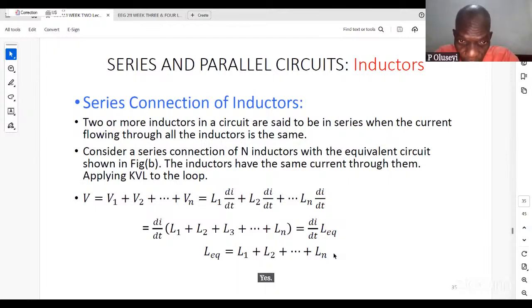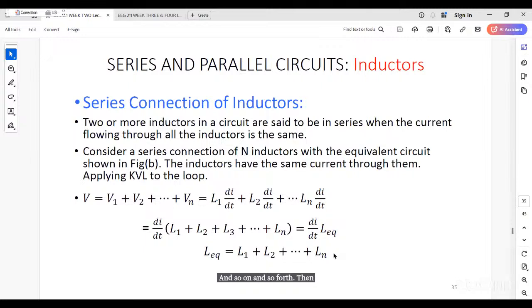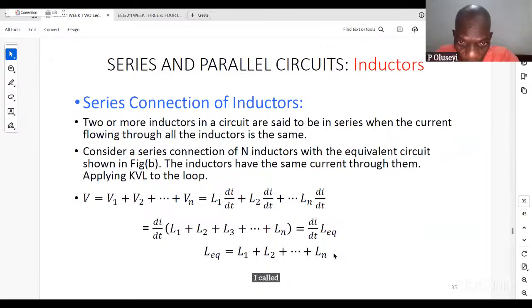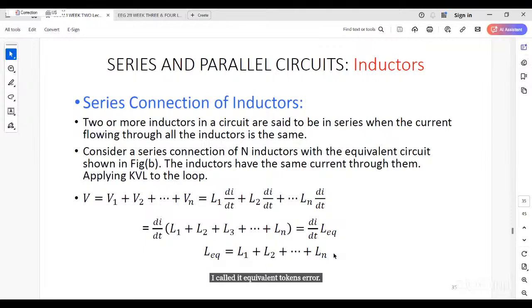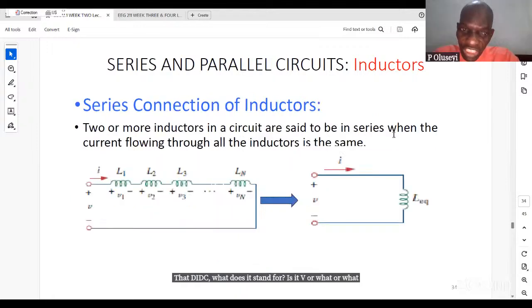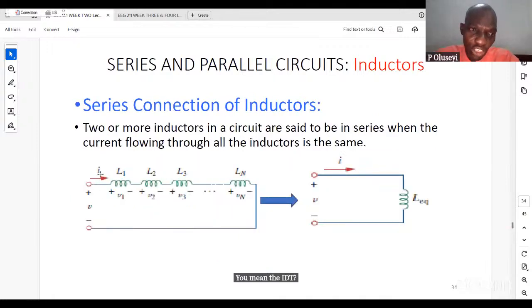Then you factorized out all the inductances and called it equivalent inductance L, di/dt. What does that di/dt stand for? Is it V or what? You mean the di/dt? Look at the current I. It's the same current that flows through all of them.